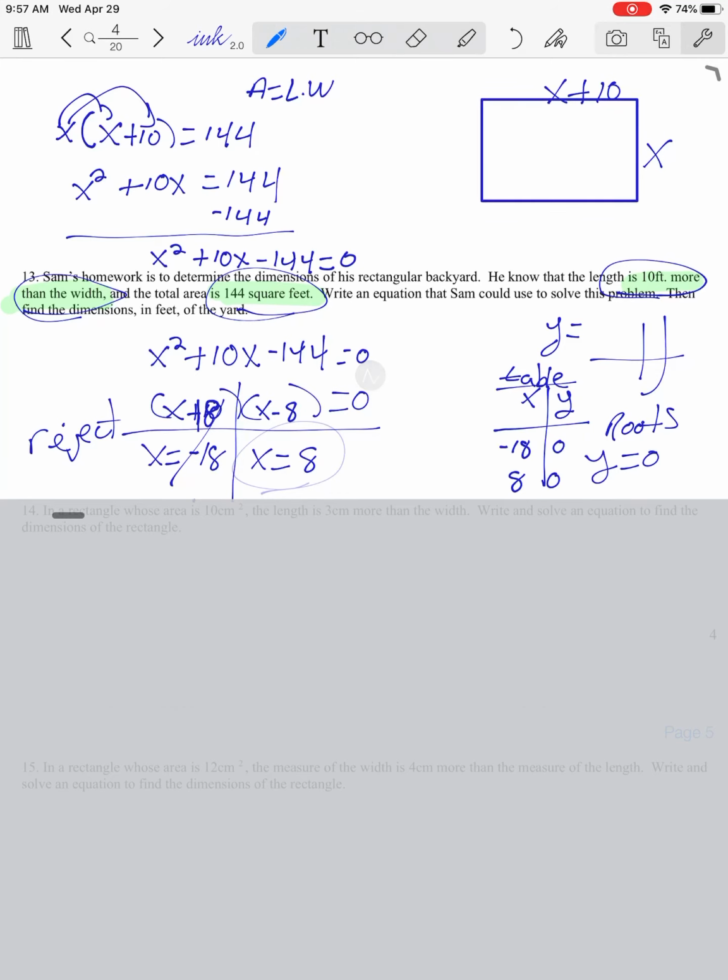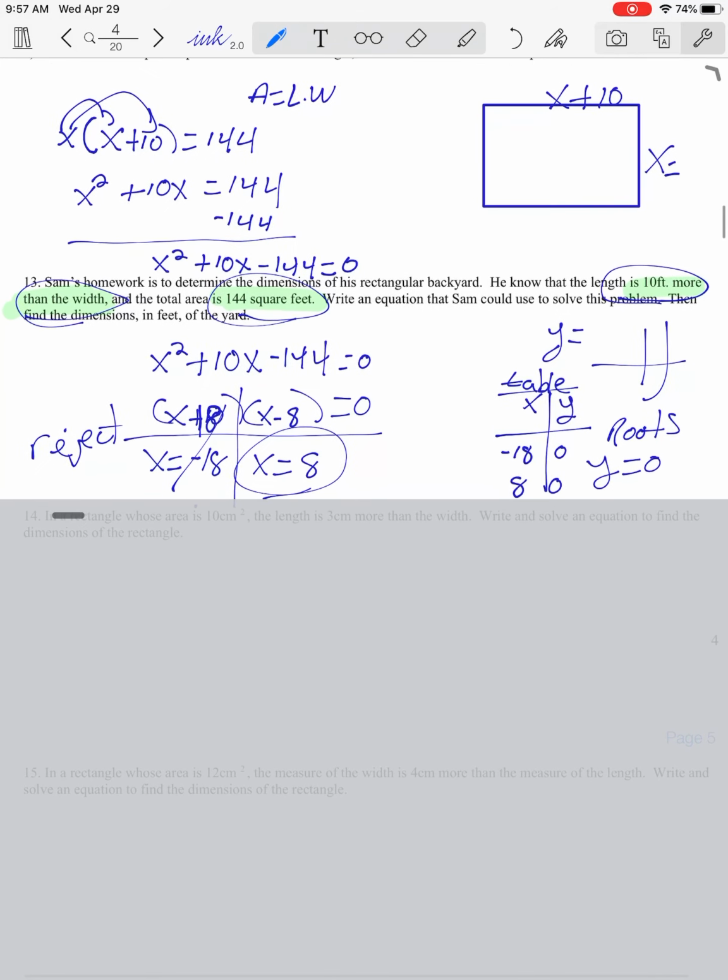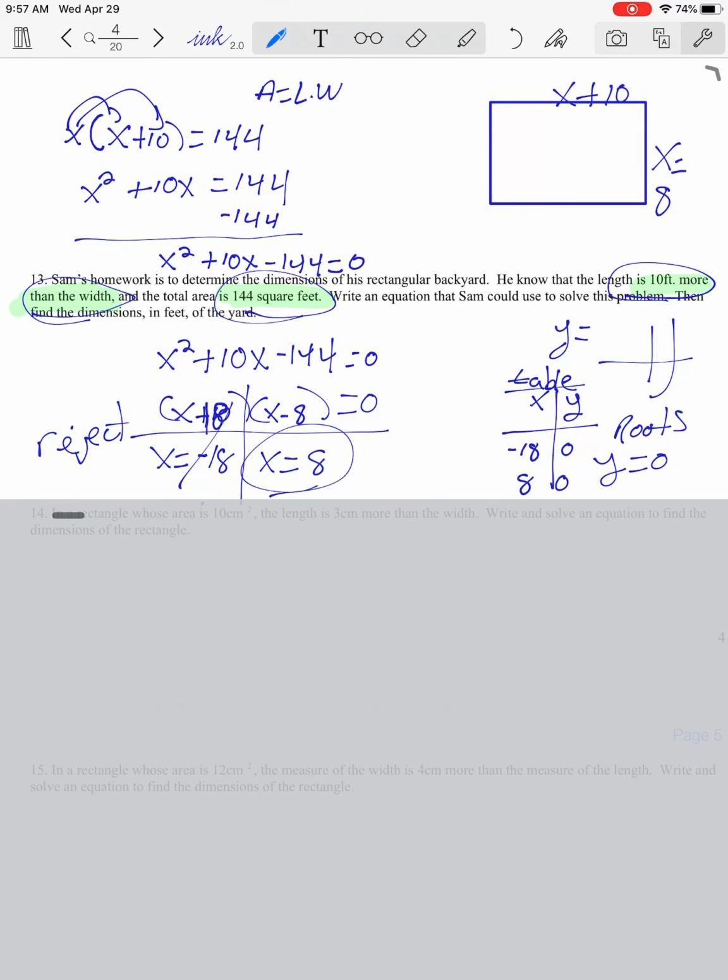And my answer is x equals 8. So I go back. X is 8, and what is 8 plus 10? 18. And 18 times 8 is 144. So that is a problem you totally already know how to do. A little tricky finding the roots. Use the table.